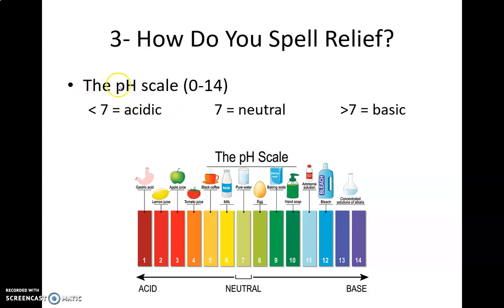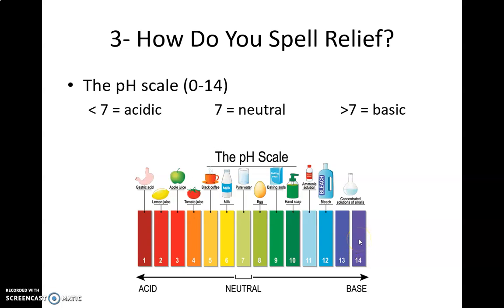So the first thing you need to know is that the pH scale runs on a scale of 0 to 14. And I've got a diagram down here below that shows pH 1 here is where we have some really strong acids, and pH 14 is where we have some really strong bases.